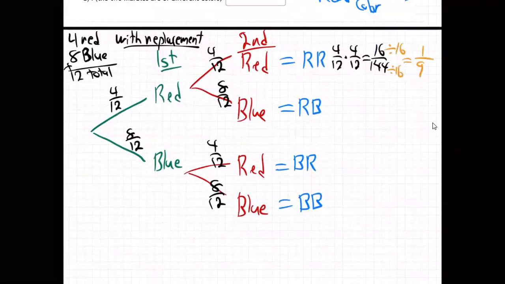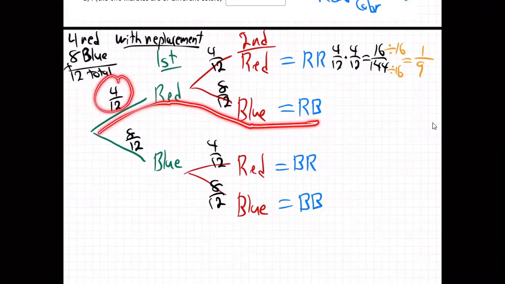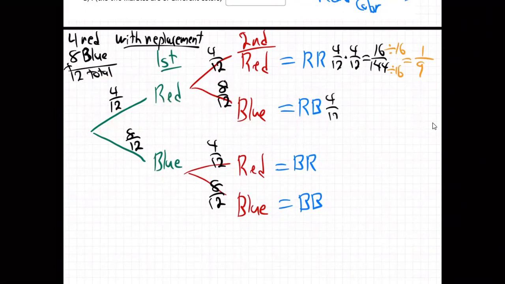Let's do the next one. Again, it's from left to right. So it's red, blue. Multiply 4 twelfths and 8 twelfths. See how I'm moving from left to right through the table to get to the result, red, blue, which is 4 twelfths times 8 twelfths, which is 32 over 144, and then you reduce that fraction.